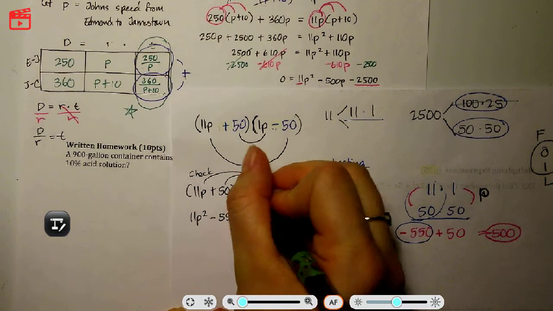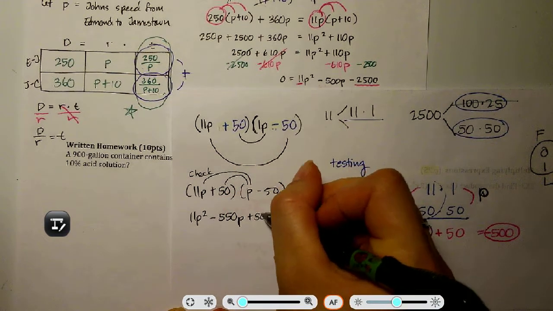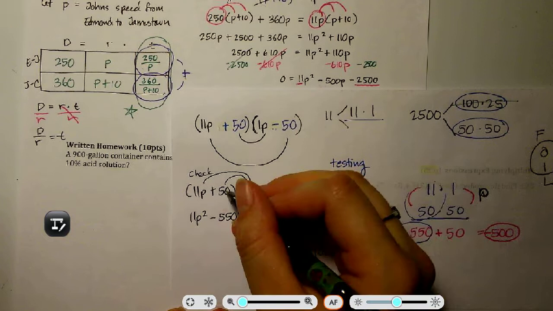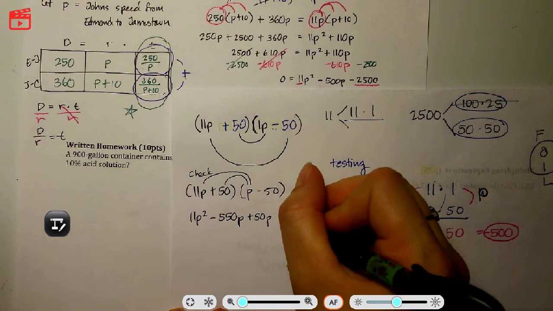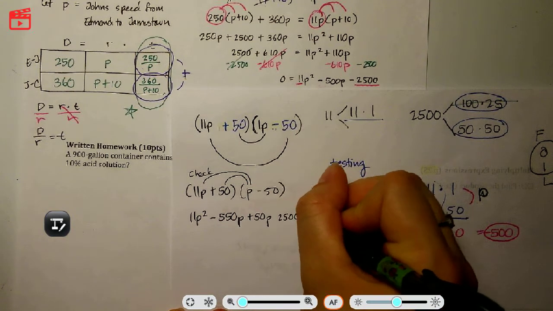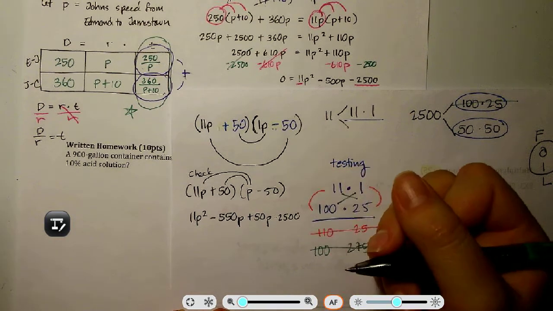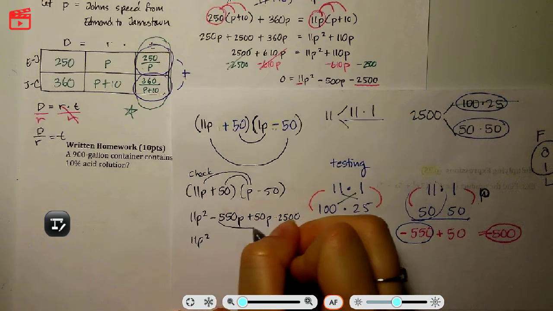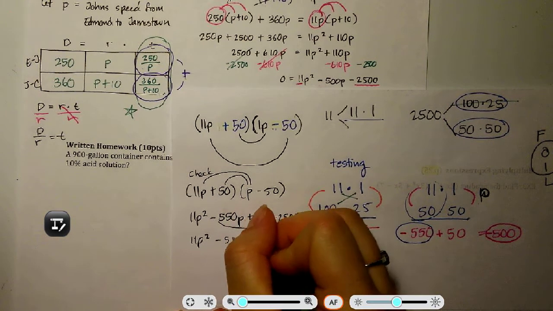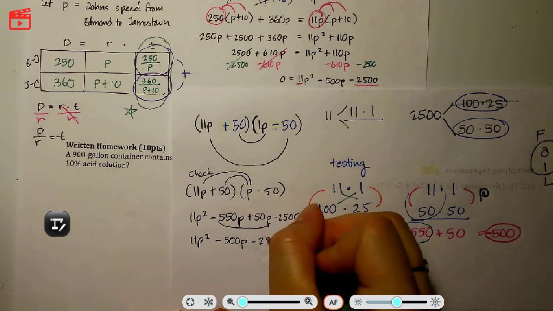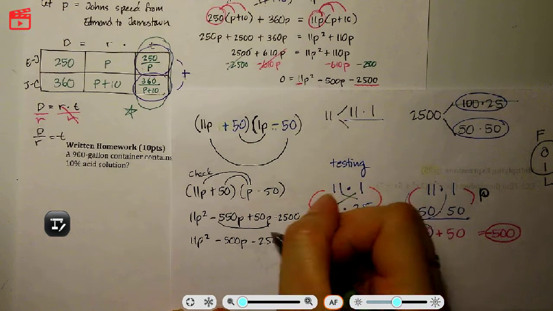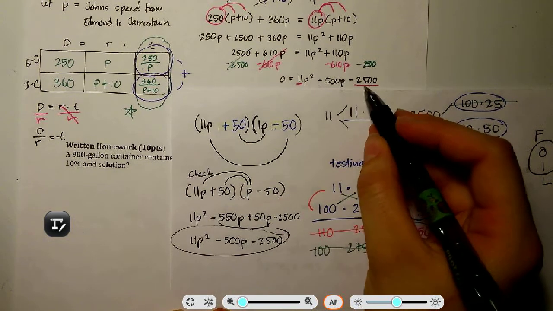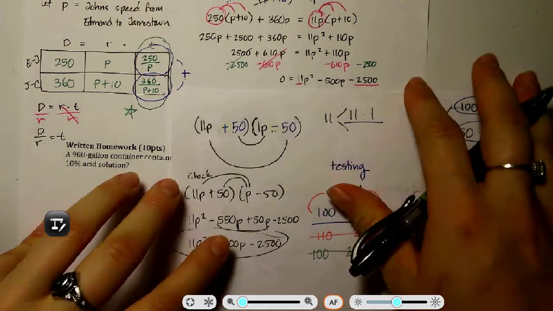And then 50 times P is going to be 50P. And lastly, 50 times negative 50 is going to give me the negative 2,500. Simplifying this up, like terms, we get 11P squared minus 500P minus 2,500. Is that what I started with? It is. Awesome. So we factored correctly.